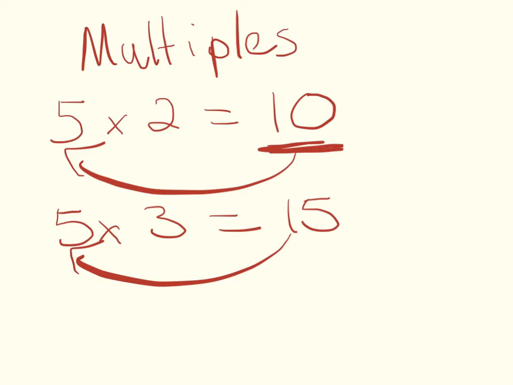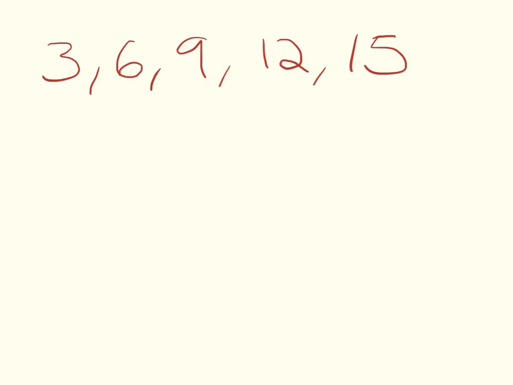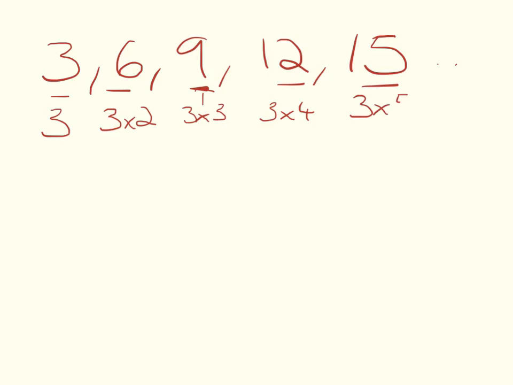So let's take that a bit further. If you think of skip counting, it's a very simple way to see what the multiples of something are. If I take 3, I can go 3, 6, 9, 12, 15, and all of these are multiples of 3, because we have 3, then 3 times 2 equals 6, 3 times 3 equals 9, 3 times 4 equals 12, and 3 times 5 equals 15, and so forth.